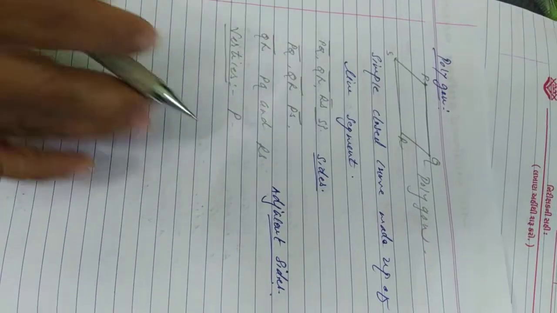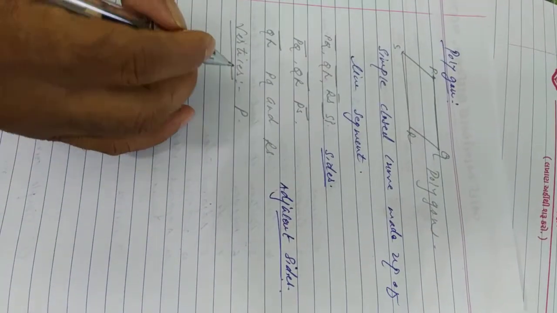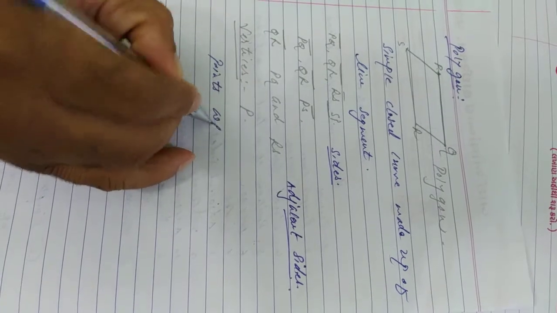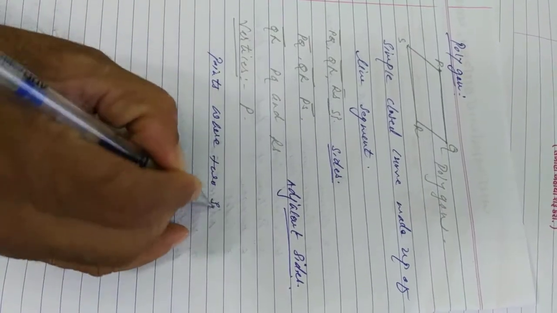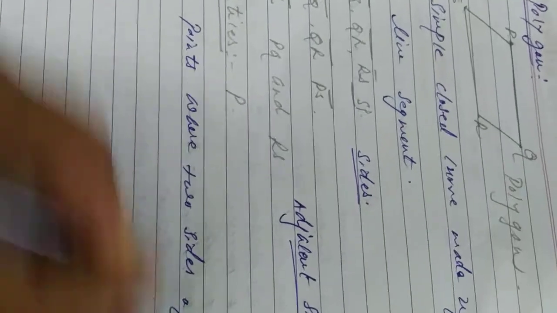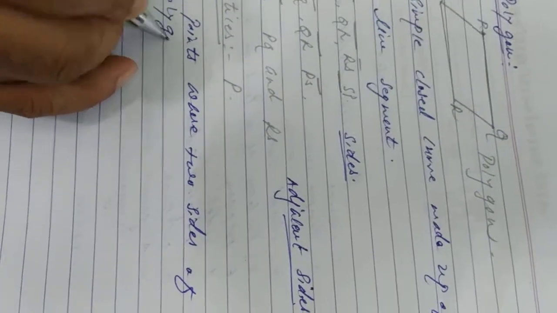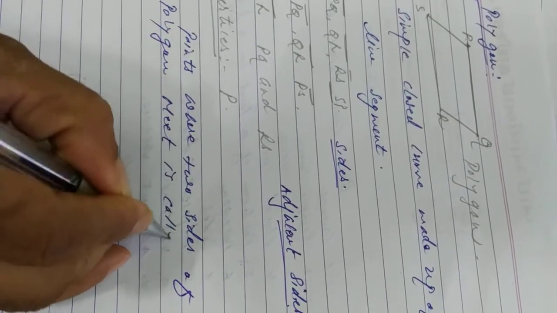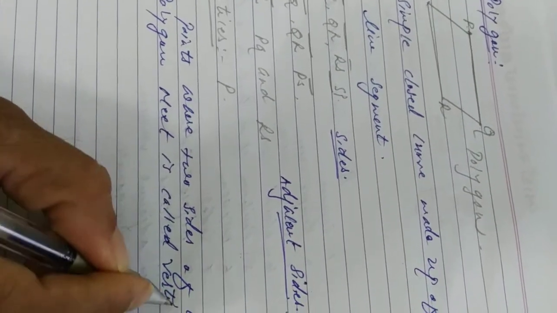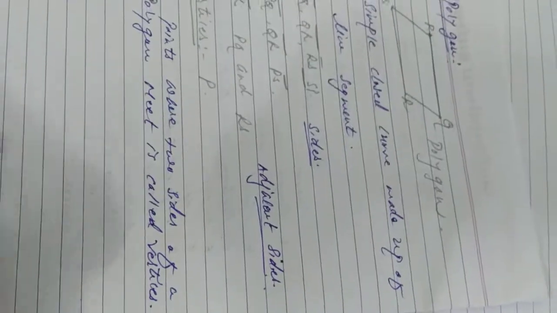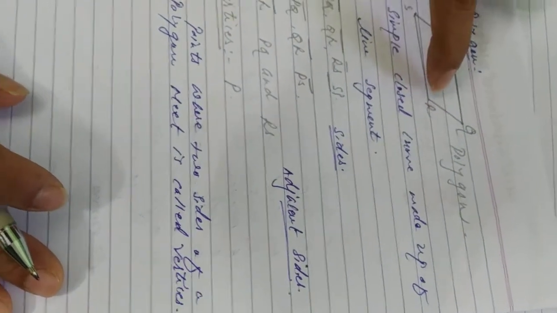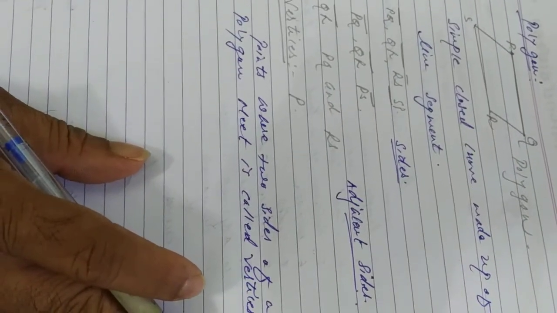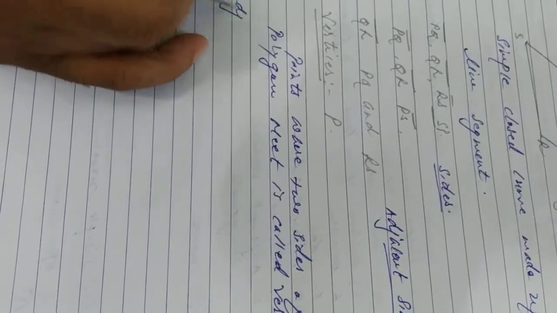The definition: the point where two sides of a polygon meet is called a vertex. Got it? In the given figure, P, Q, R and S are the different vertices of the polygon. Got it?